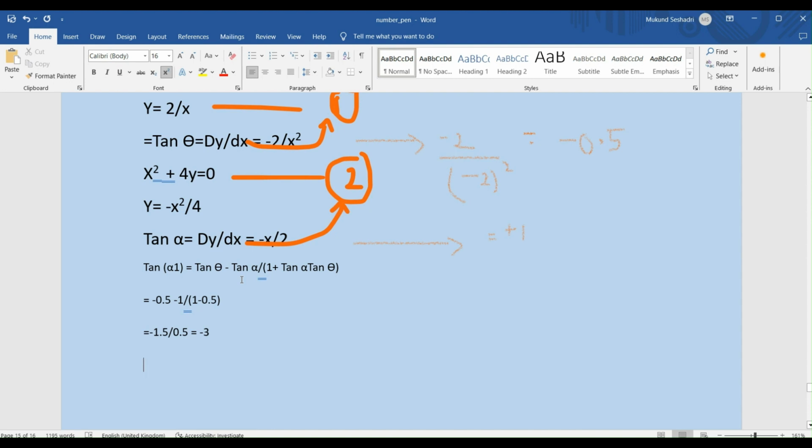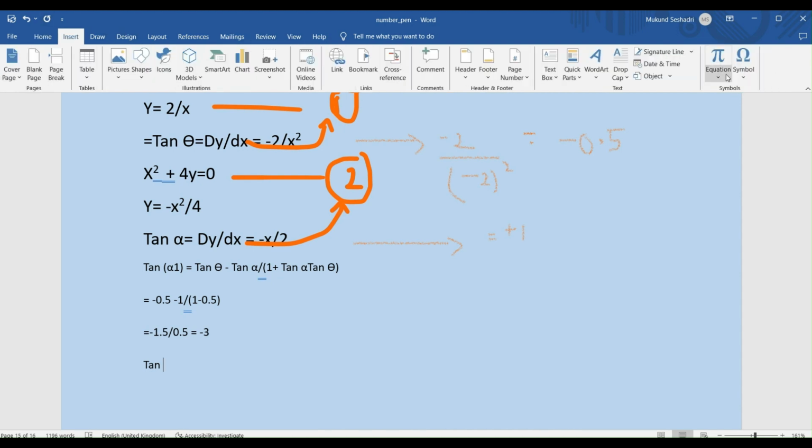So what is alpha 1? Tan of alpha 1 equals minus 3.